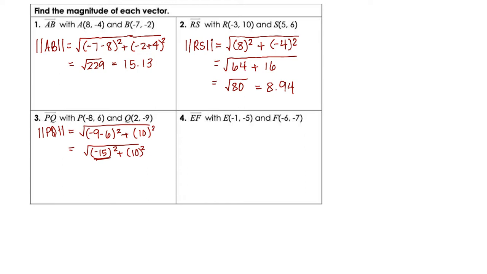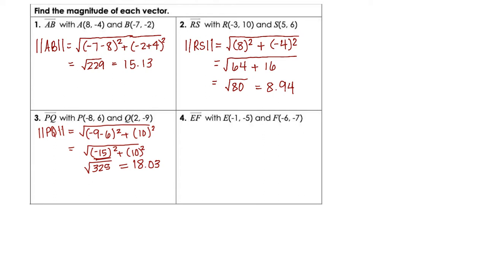Just be careful with that negative. That's going to be the square root of 325, and that's going to be 18.03. And that's your magnitude.